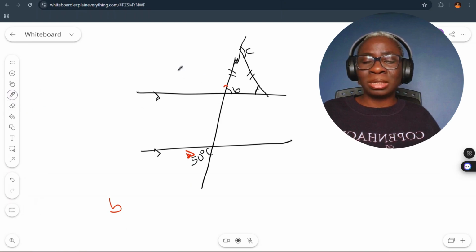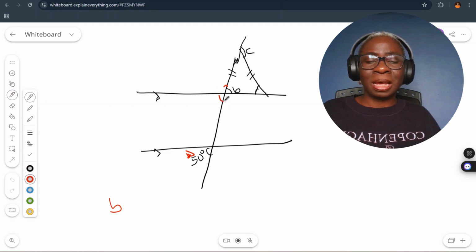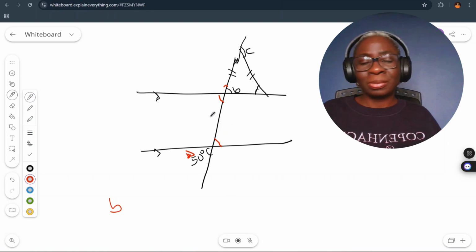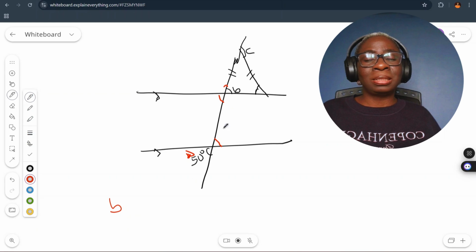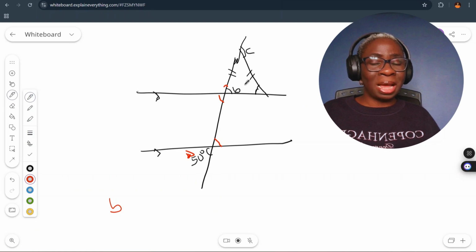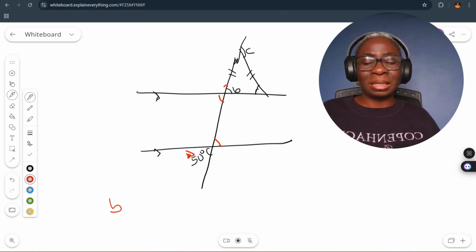Don't forget your Z. When you have Z like this, these places are alternate interior angles, while these ones, B and this 50, are alternate exterior angles. So B will be equal to 50.